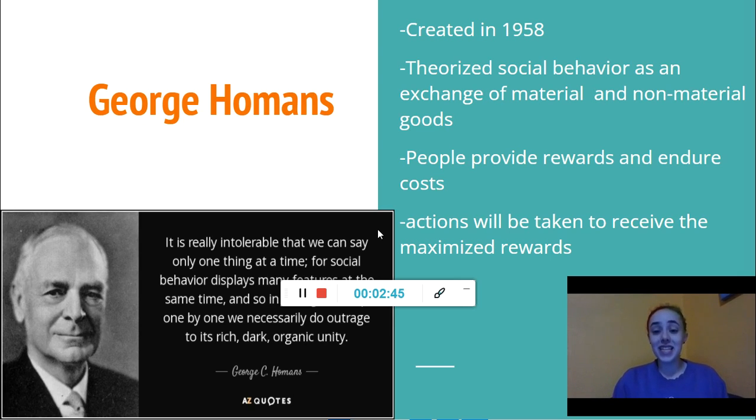From studying these small groups, he got to see firsthand rewards and costs being demonstrated through these groups of people. He learned that people provide rewards and endure the costs that come with them. Taking this information in, he theorized social behavior as an exchange of material and non-material goods. Overall, we learned that actions and relationships will be taken or built to receive the maximum amount of reward.